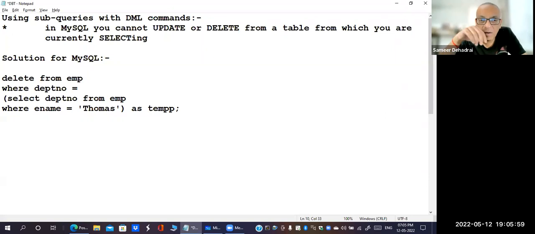Don't write this, listen. When I give an alias to a select statement, the output of the select statement is stored in server RAM. This is a temporary table. The life of this table is only for this select statement.